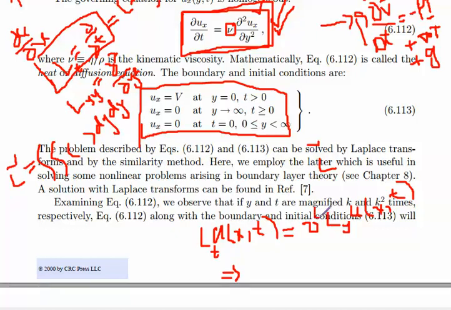If we apply this invertible operator on this linear operator, they are identical, their answer will be the identity, and u of x, t is equal to 1 by nu, which is a constant term, times L inverse of y, Lt of the unknown function u of x, t.